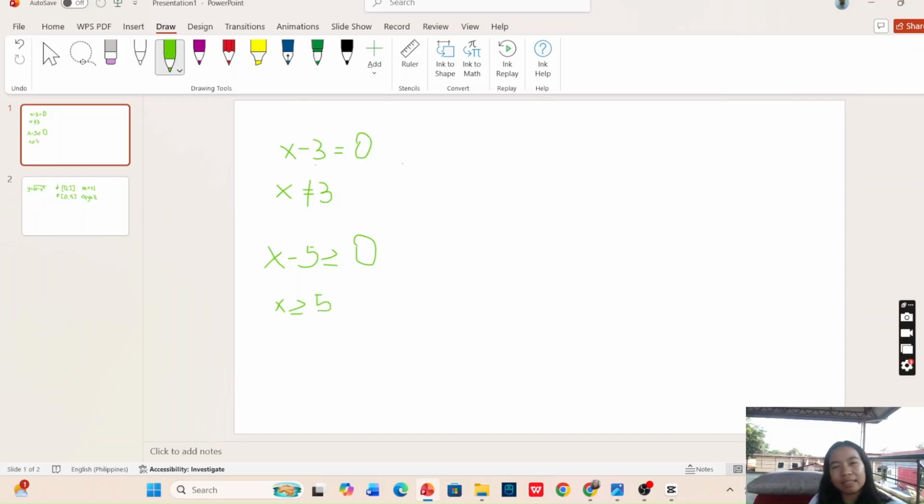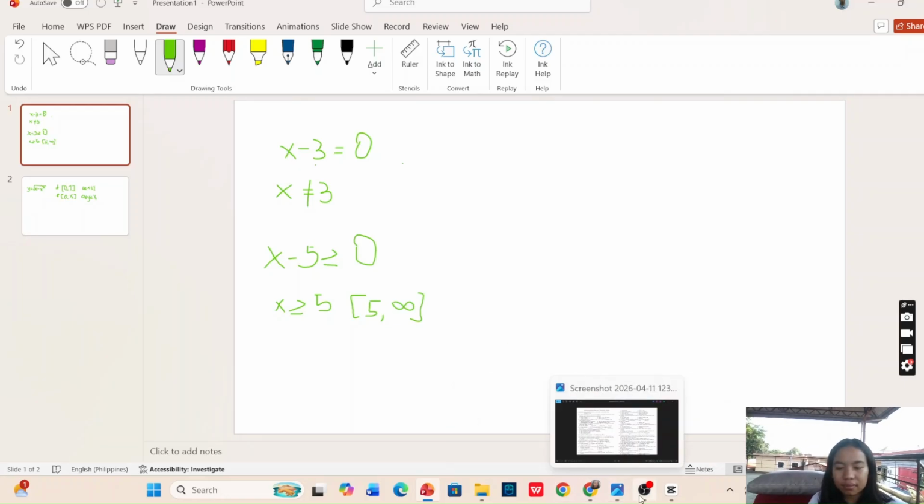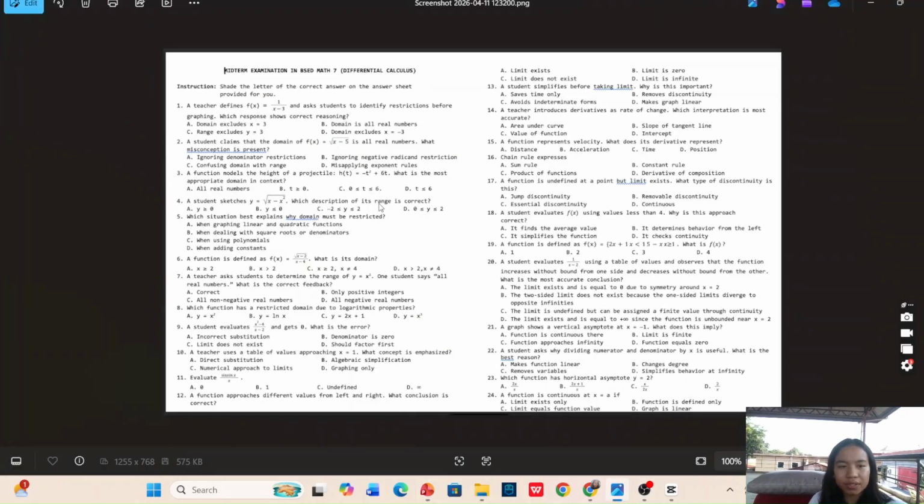Therefore, the domain is not all real numbers, but it is a bracket since 5 is included, and infinity since it includes any number greater than 5. And that's it. The correct answer for number 2 is letter B.